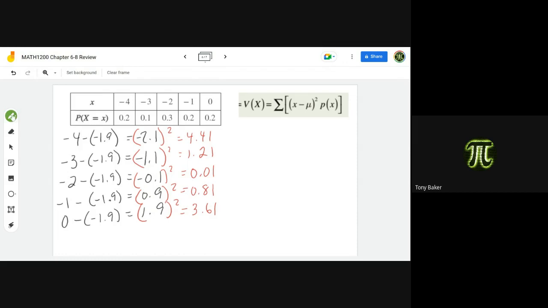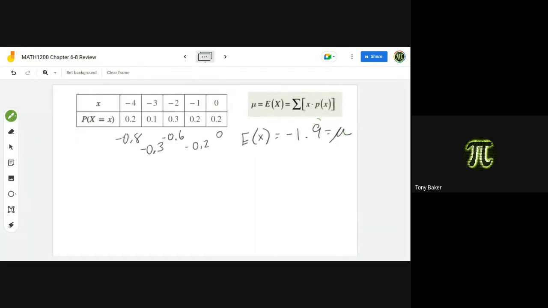Is it the mean of X or the mean of the stuff below it? That is the mean. That's where the 1.9 came from, the expected value. So the mean is your expected value, which we figured out in the first part of this by doing the multiplication and adding them all up.